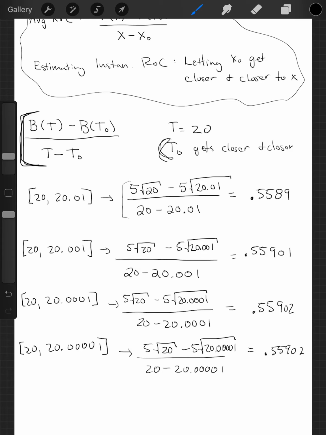And since I've been getting closer each time, and at least as far as my rounding is concerned, right, because this should technically be squiggly equal signs, because there's definitely some rounding going on. But at least as far as the amount of digits I rounded to is concerned, it started being exactly the same, right? It's not even getting close to something. It stopped somewhere. So my estimate is going to be this guy because these match.